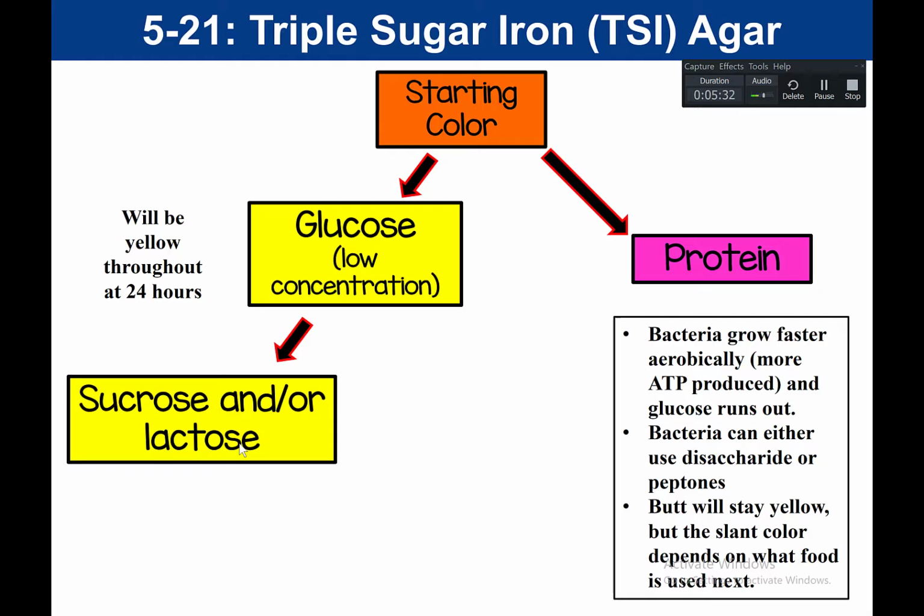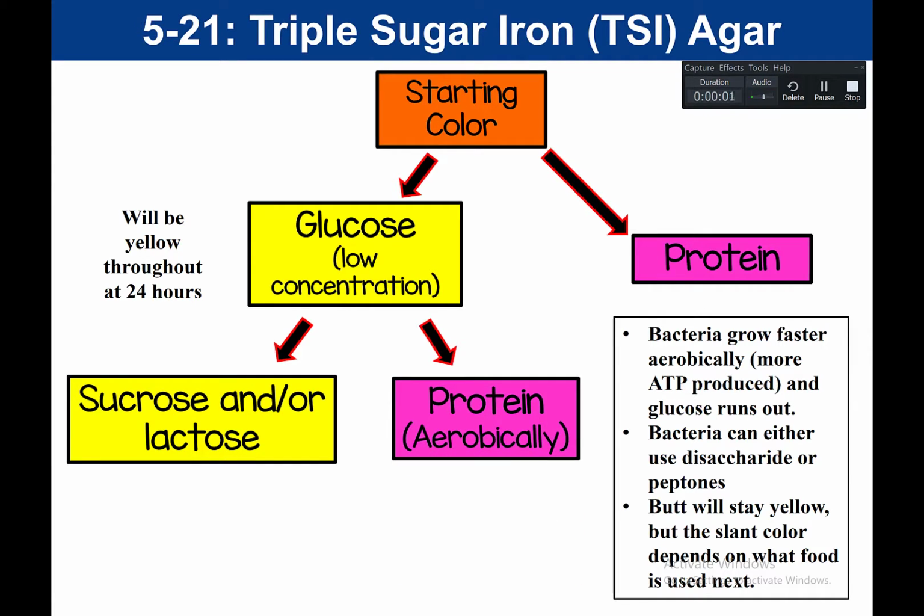However, not all bacteria can do that. Some bacteria, when they run out of glucose, can't use a disaccharide. So now their other choice would be to use the protein. If bacteria use the protein or the peptones, that is going to raise the pH. And the pH is going to go up on the slant specifically, on the aerobic portion. Because remember that the bacteria are growing faster on the slant and therefore will run out of glucose faster.